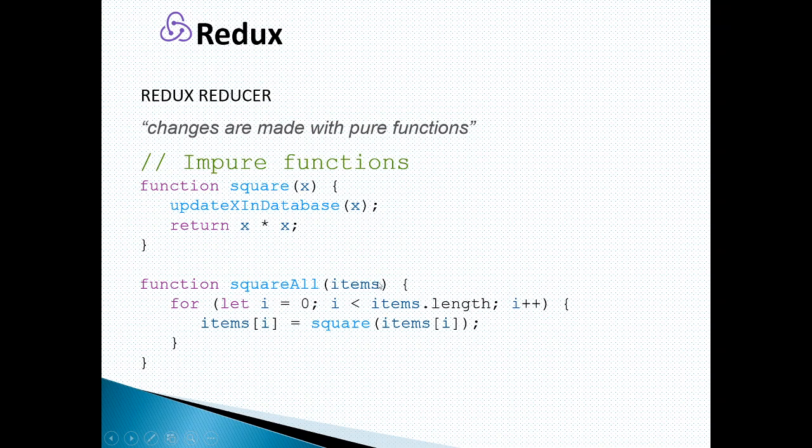If we have to find the length of the items and then find the square, or use some x or i variable which is not part of the input, all this type of process is basically an impure function, which does not rely on the input variable only, but other variables also. So by default, a reducer should be a pure function, not an impure function, else it will not be a reducer.